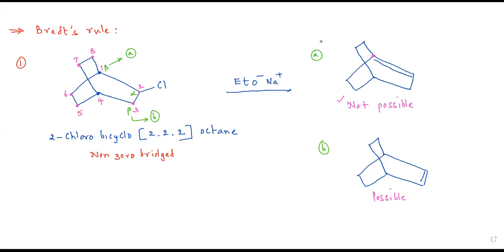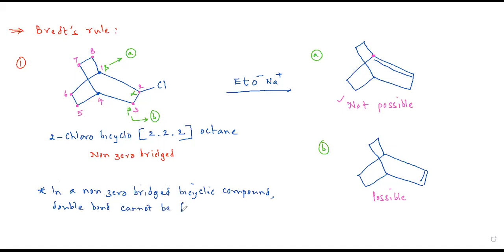Let me say that according to Bredt's rule, in a non-zero bridged bicyclic compound, a double bond cannot be formed at the bridgehead, provided the largest ring is of less than 8 carbons.